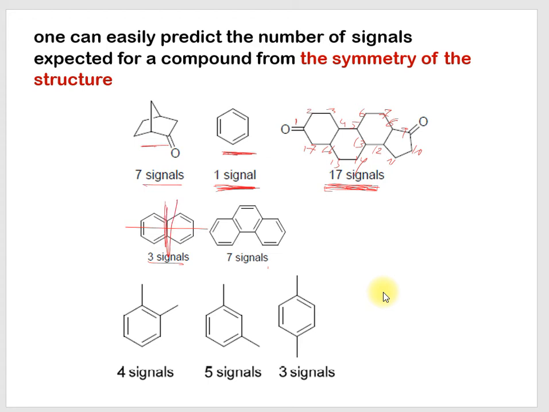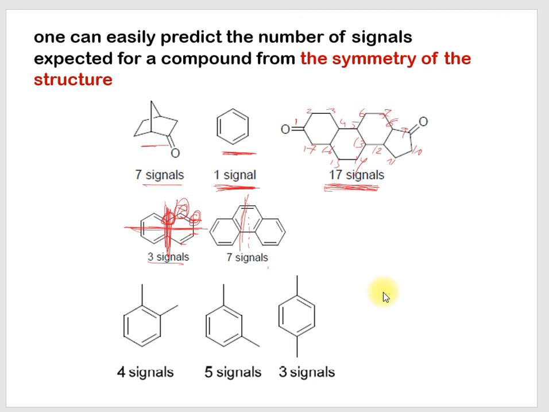You have this plane of symmetry, so you have one signal for this, another signal for this, another signal for this. This will be the same as this, and this will be the same as this. That means you consider the plane and compare the environments. Here also you can predict the molecule to have a plane of symmetry.